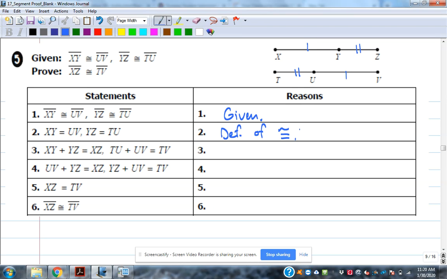Number three. You don't have anything about midpoint. Segment addition, because we're saying, okay, XY plus YZ, that makes up this segment XZ in our picture. And then TU plus UV makes up this segment TV in our picture. So that's just segment addition postulate.